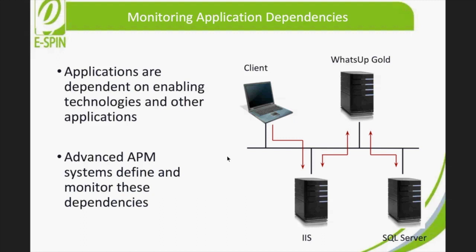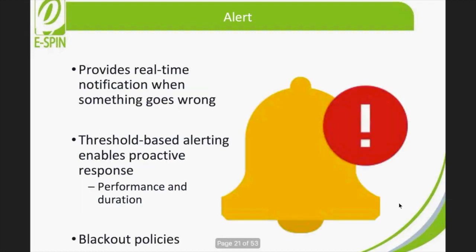When you create a custom-made WUG APM monitor, define the monitoring of those dependencies, right? The client comes to the IIS, and IIS connects to WhatsUp Gold, and then WhatsUp Gold connects to the SQL server, and so on. One day you can map all those in a very clear application dependency flow, right? It will make it much easier later on to control, and you can track where it's going wrong.